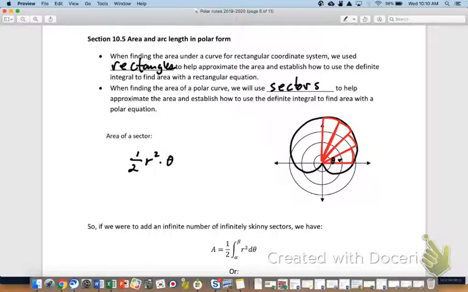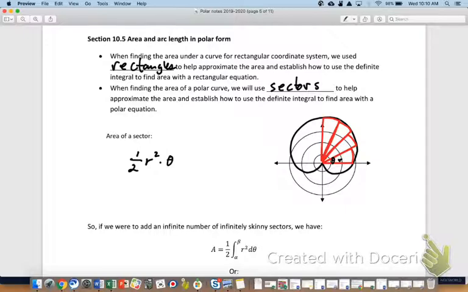Let's think about the implications of that, though. If we filled up even just that first quadrant with a number of sectors that just gets bigger and bigger, as that number of sectors gets bigger, what's going to happen to theta? It's smaller and smaller, right. We're going to pack all those sectors in there. The theta is going to get really tiny.